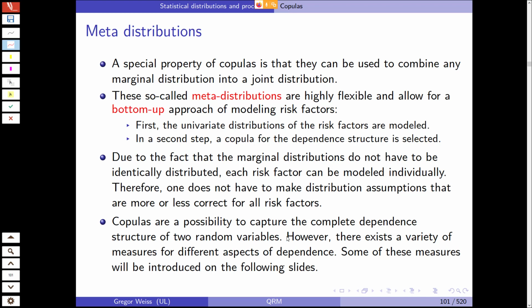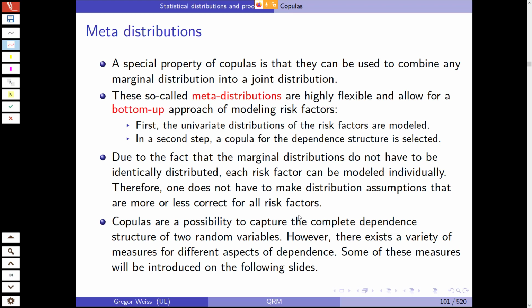Now, due to the fact that the marginal distributions do not have to be identically distributed, each risk factor can be modeled individually using a different univariate marginal distribution. Therefore, one does not have to make distribution assumptions that are more or less correct for all risk factors.